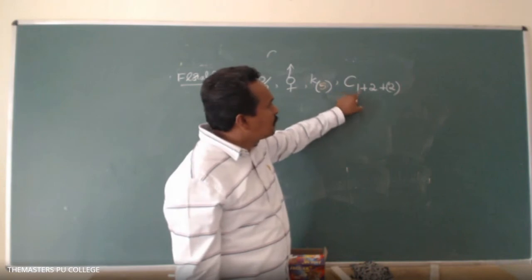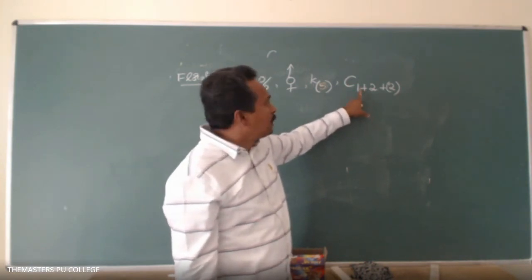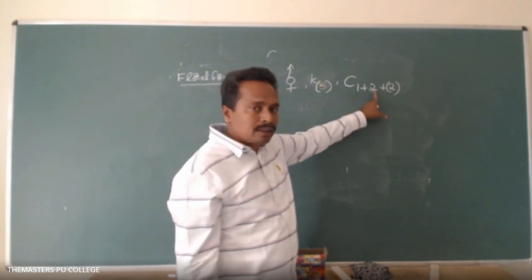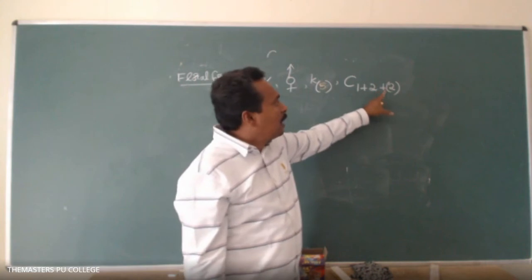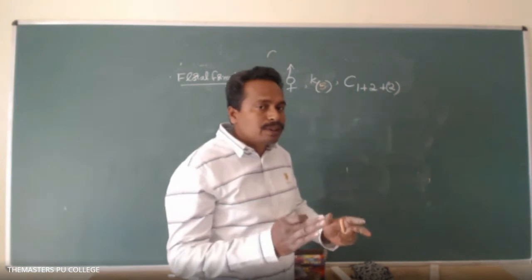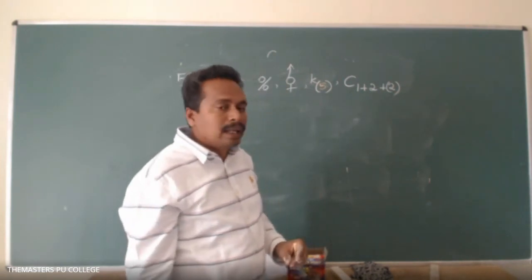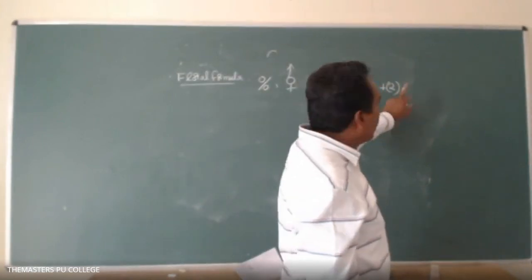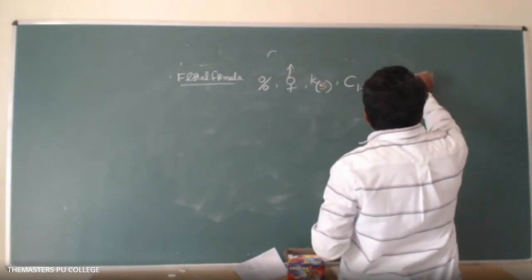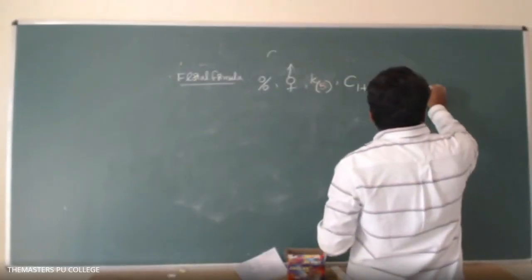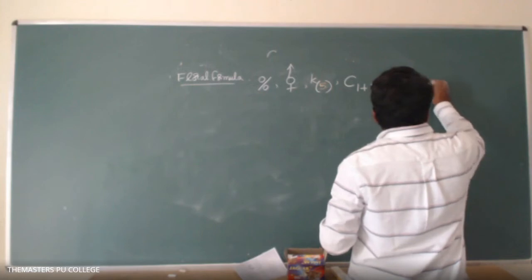Among these, one is the largest petal, that is 1, and the next numeral represents the 2 lateral wing petals, and the next 2 within brackets indicates the 2 fused keel petals. So C 1 plus 2 plus 2 within bracket. And the androecium is denoted as 9 plus 1. Nine are fused, 9 within bracket, 9 plus 1.